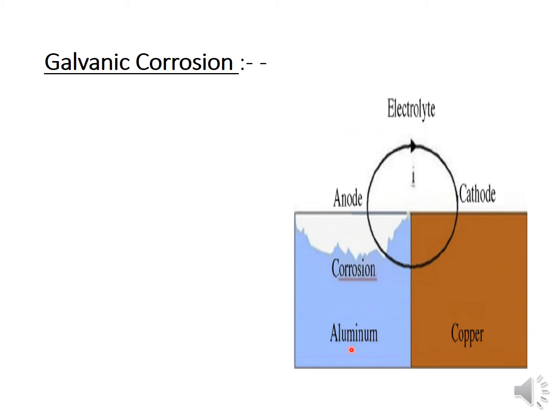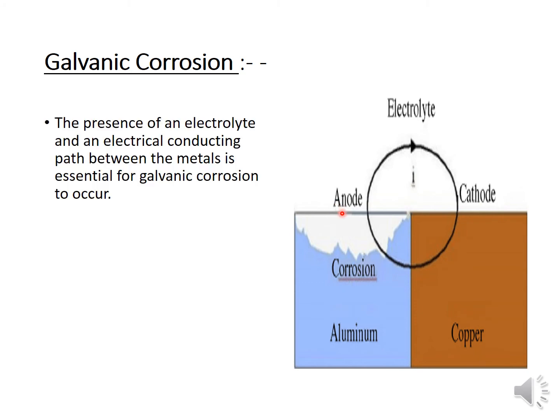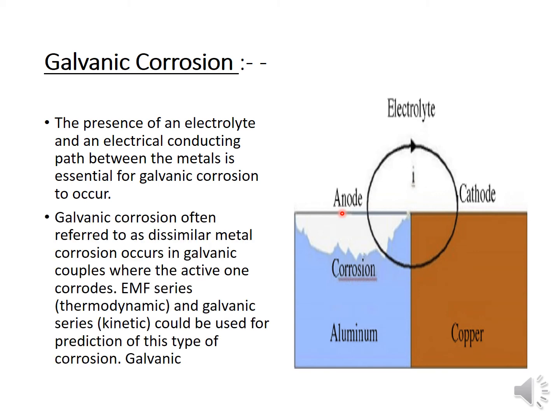See here, aluminum and copper, both metals are in contact with each other. As per the galvanic series, aluminum is at the bottom position, more reactive, and copper is a less reactive, noble metal. So copper will become the cathode and aluminum will become the anode. The anode will undergo loss of electrons and degradation of the anode will take place, while the cathode will remain as it is.